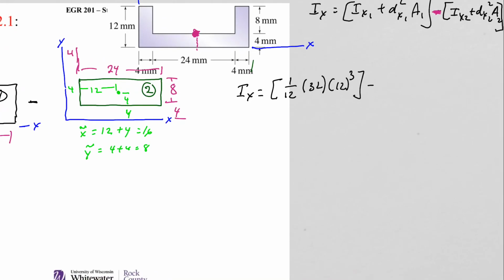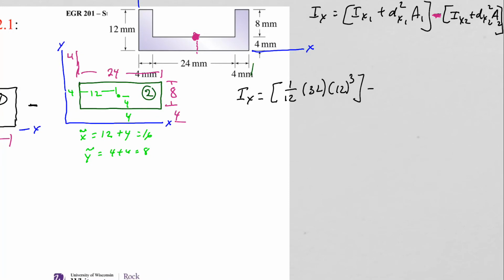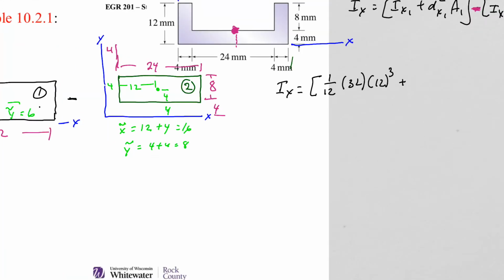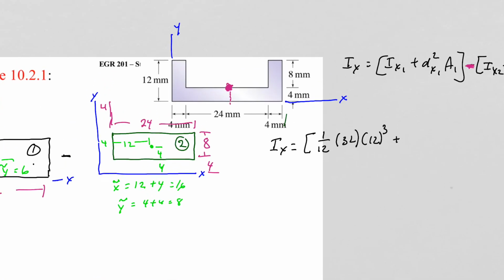Now we subtract. Oops, sorry. It's not subtract, it's add the parallel axis. The parallel axis, remember, is d squared times the area A. The d squared is the distance to this new location, the new axis x prime, and y is through the centroid itself.